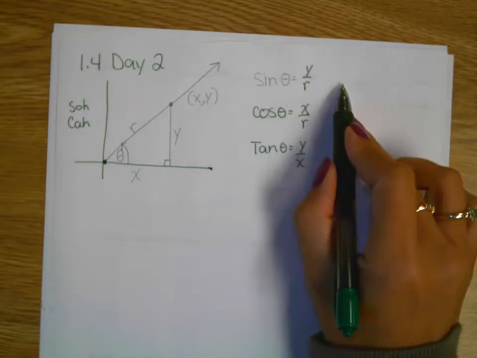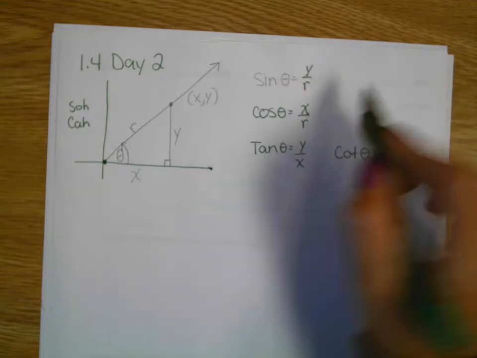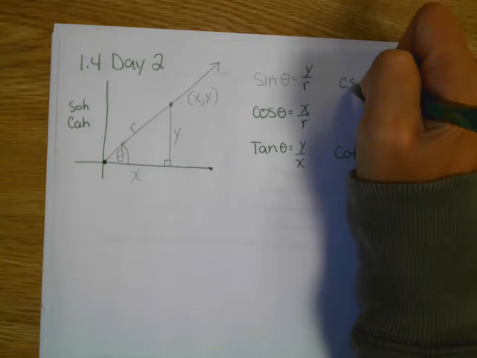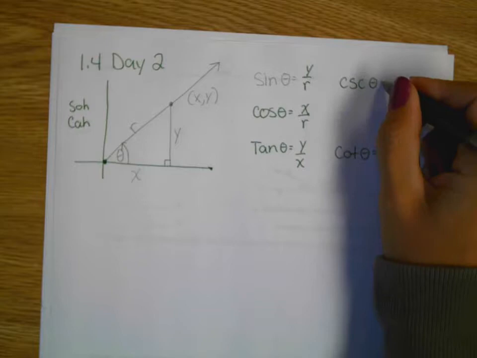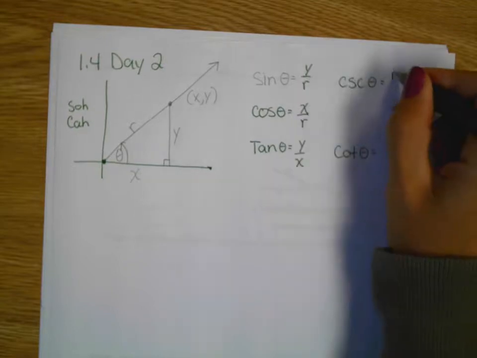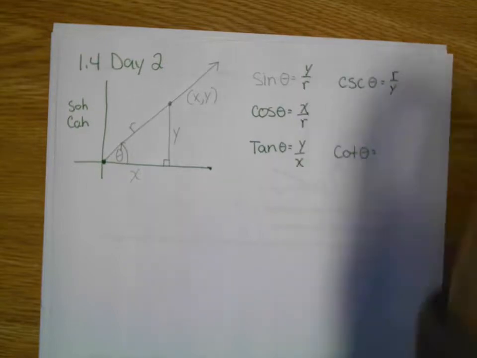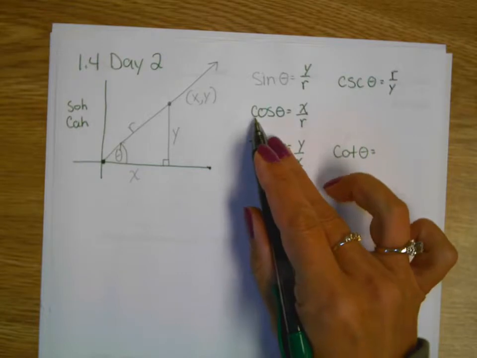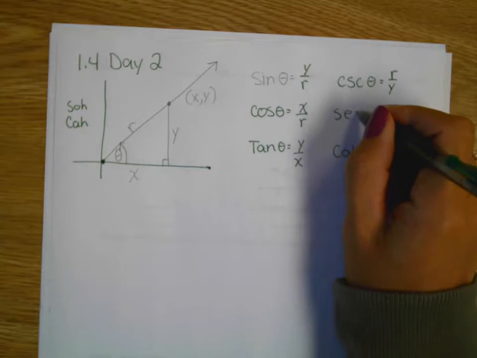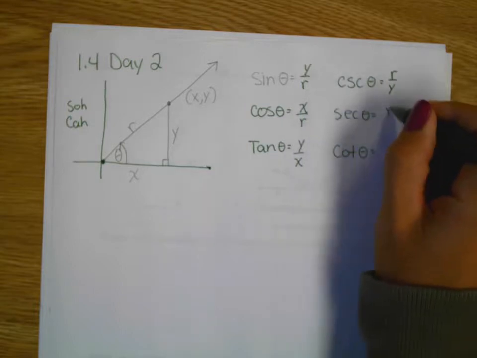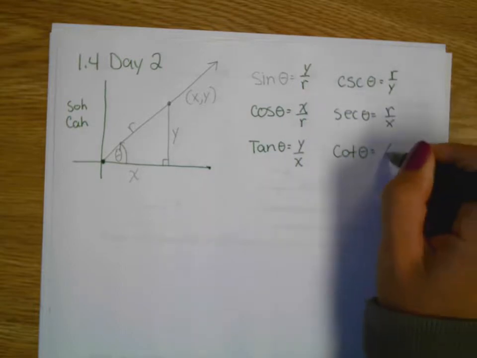Yes, you need an S function with a C function. So sine starts with S, so the cosecant one, starting with the C, goes with the sine. And again, they're reciprocal, so you just go r over y. And then secant will go with the one that's cosine, because that starts with C. The next one starts with S. r over x. And then we got y over x.